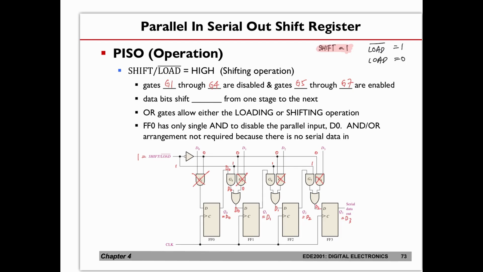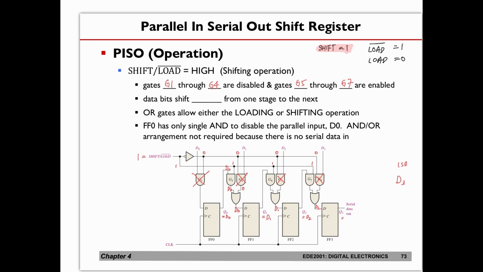Now, what's going to happen at the next clock cycle? We are going to look at the pin here first. D3 will already be available at the output. This is going to be the LSB. So at the next rising edge, D3 will mirror what the input is going to be.